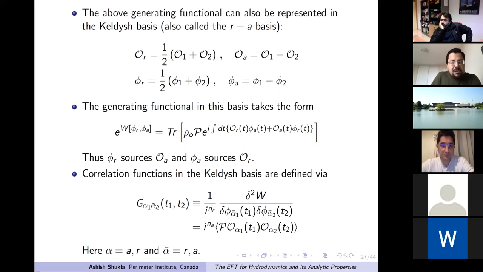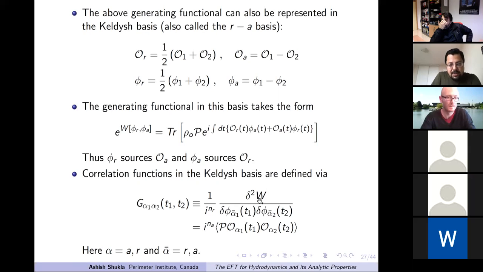So for example, if I insert RR, it means I am computing O_R at t1, O_R at t2. All right. So this is a very general notation. So alpha 1, alpha 2 can be AA, RR, AR or RA. And they are all defined with respect to two derivatives of the generating functional with respect to the corresponding sources.